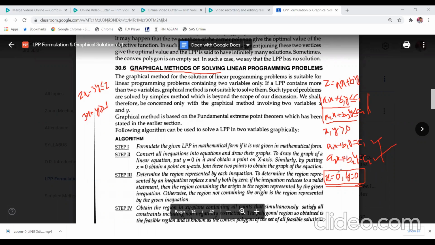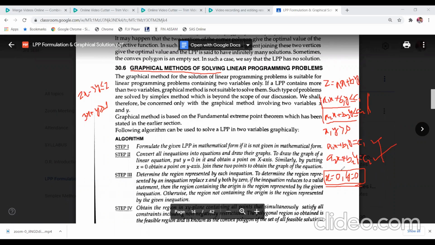What you need to do is check whether the origin is in the solution region of each line. First you need to find the region for each line, and then we need to combine those regions. The common region we will take.